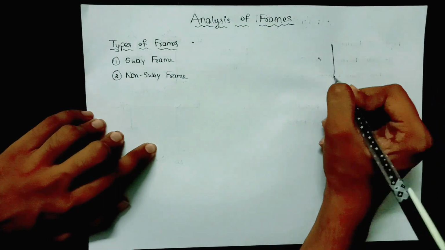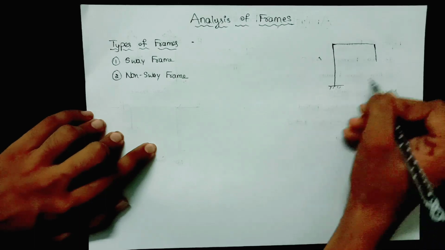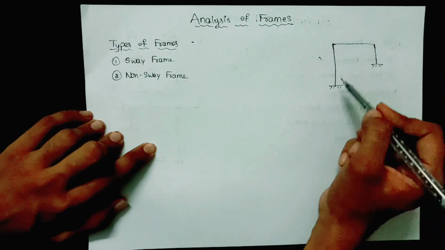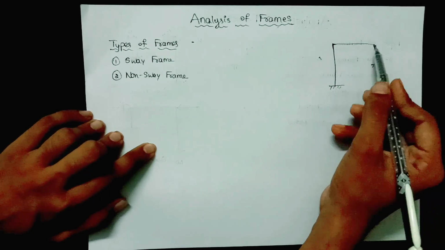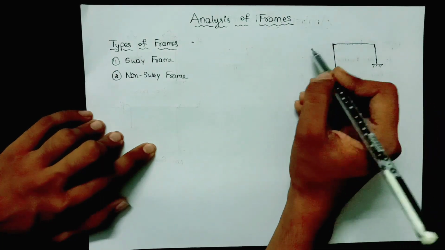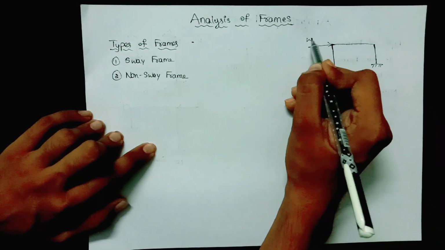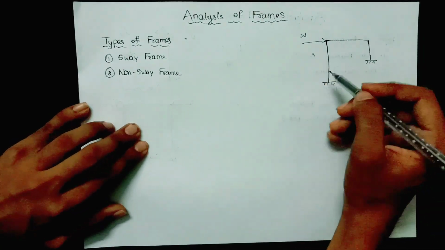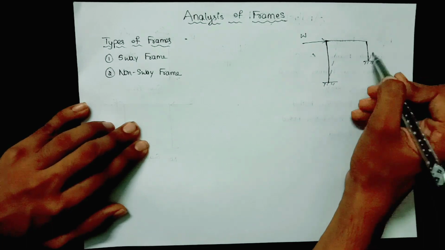For example, if I am having a frame in this manner, you can observe that the length of the columns is not equal. This one is longer and this one is shorter in length. Now I will apply some external load, let the load be W. Due to this external load, the frame tends to deflect in this direction.